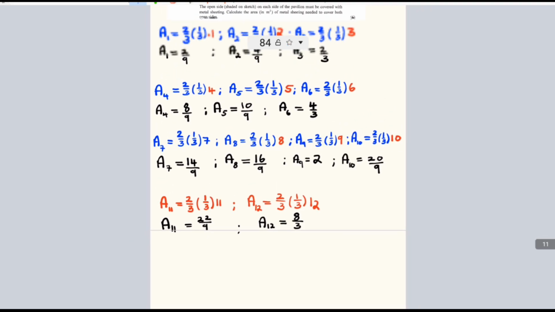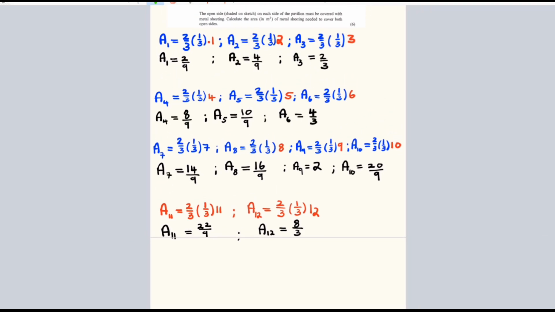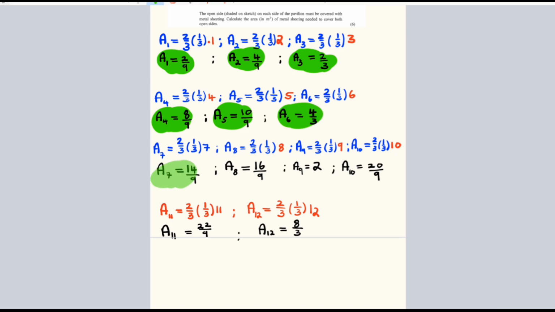So because we are looking for the sum of all the areas, let's add all the areas. So we have that area 1, area 2, area 3. So we will add all of these areas so that we can determine the total area of one side.